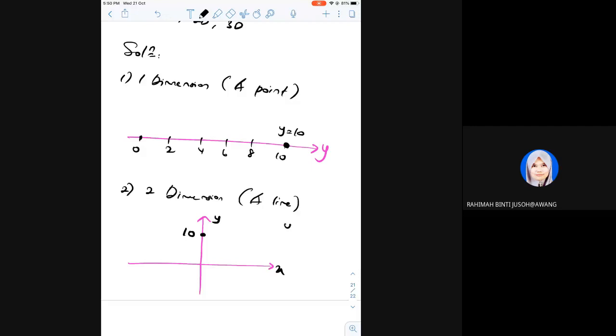So bila Y equals to 10 guys, apa yang tak ada dalam equation ni? There is no X, yes. So bila tak ada X, garisan tu mestilah selari sepanjang paksi X. So apa you kena buat ialah you kena tarik titik tu parallel sepanjang paksi X. Macam tu. So this is the equation of Y.